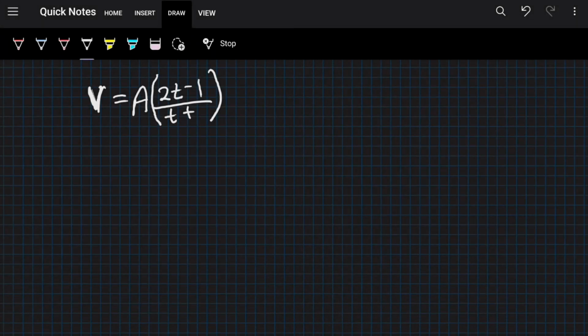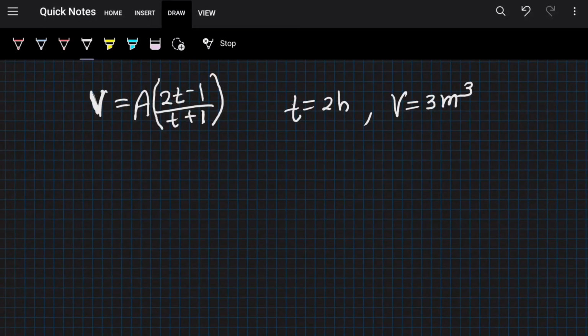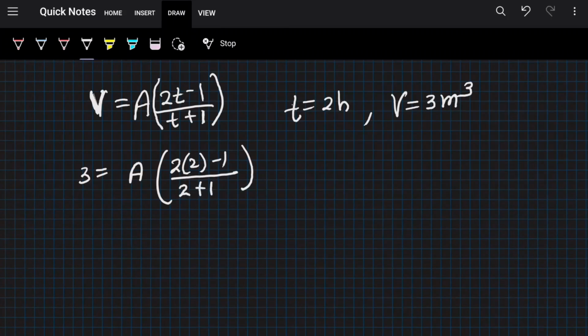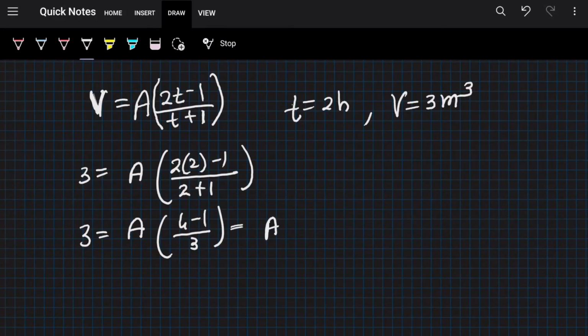To find a, we were given information that when time was 2 hours, volume was 3 meters cubed. Using this information we can work out what a is. So let's plug these values in. We get 3 equals a, and instead of t we write 2, so we get 4 minus 1 over 3, which is the same as 3 over 3, which cancels out, so we get 3 equals a.